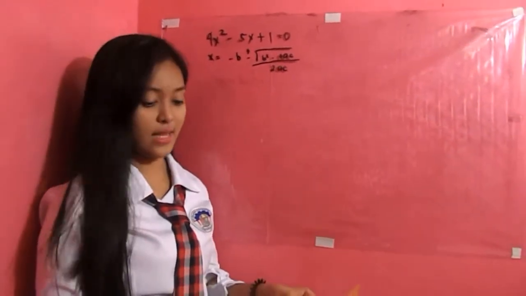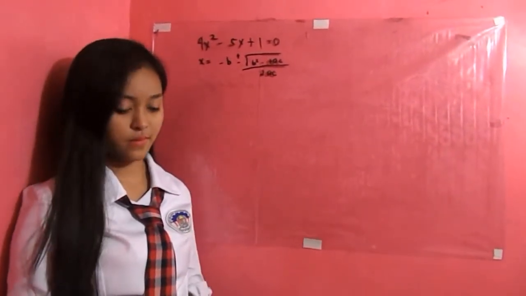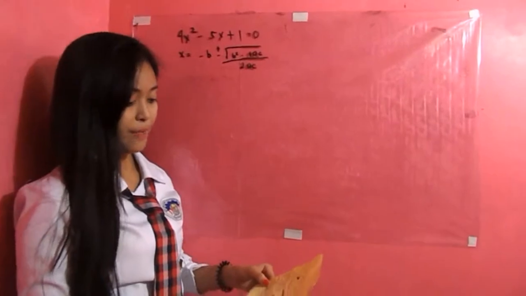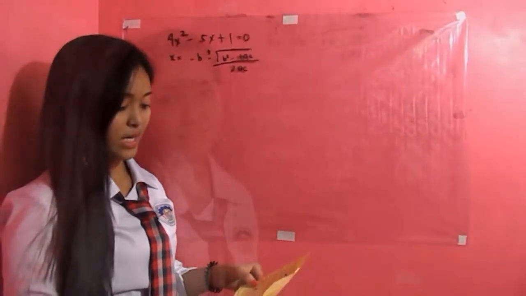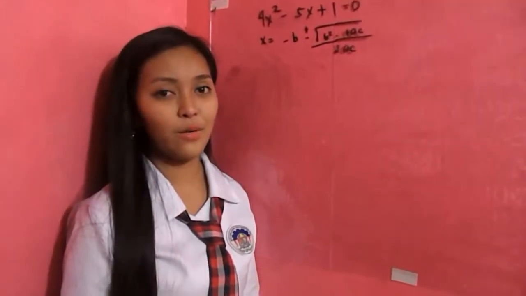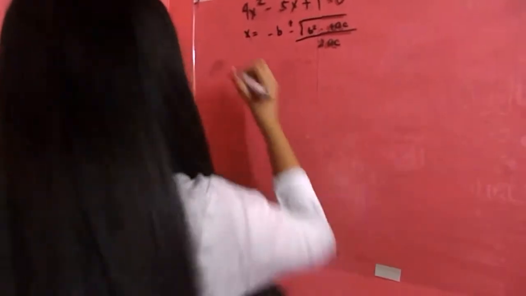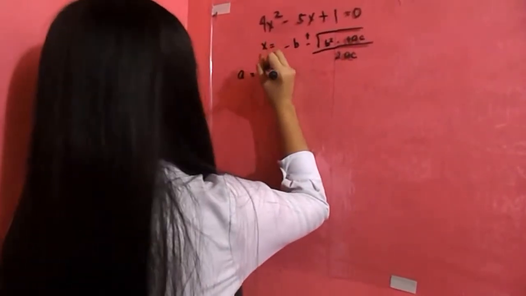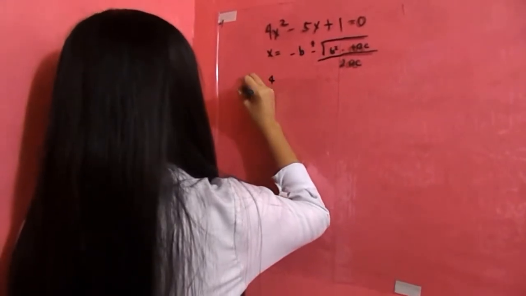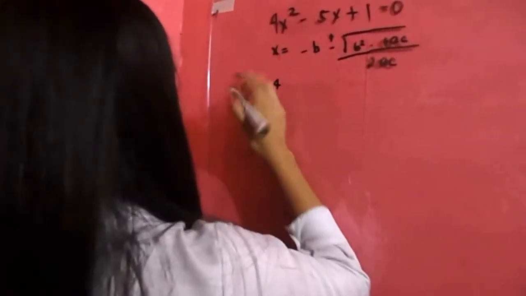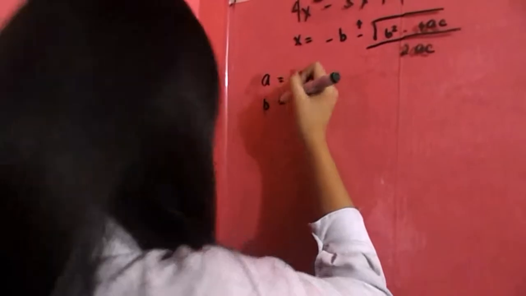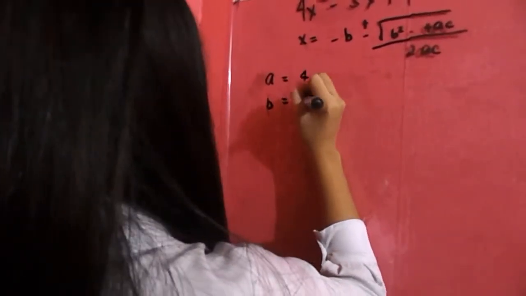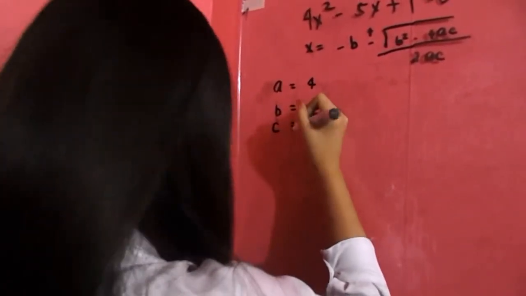Let's solve it now. From the formula, a is equal to 4, b is equal to negative 5, c is equal to 1.